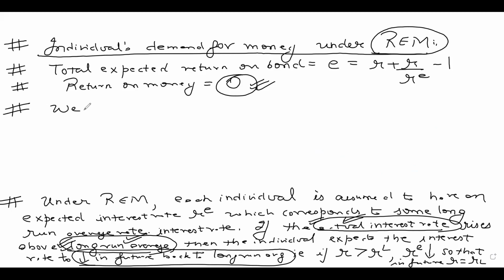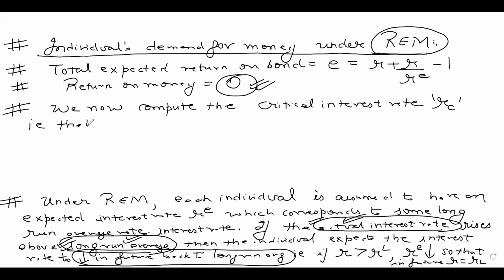Okay. So we now compute the critical interest rate. Call this critical interest rate by RC. Okay. We now compute the critical interest rate RC, that is that value of R that makes E equal to 0.